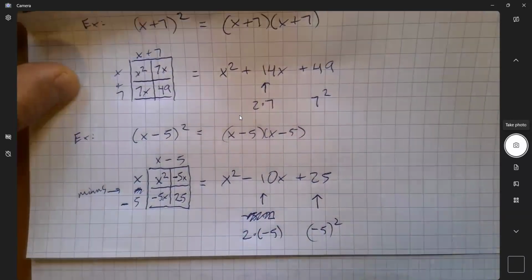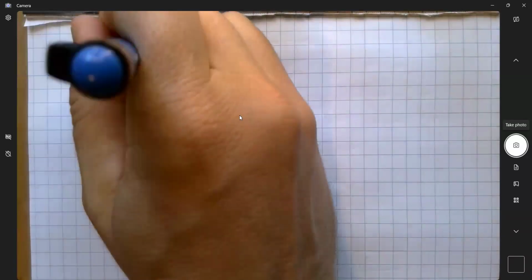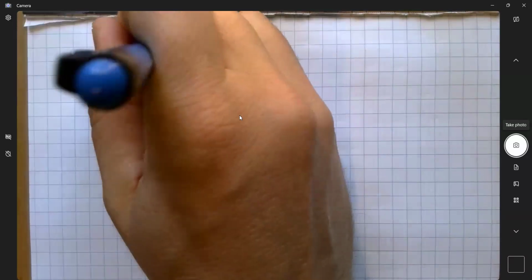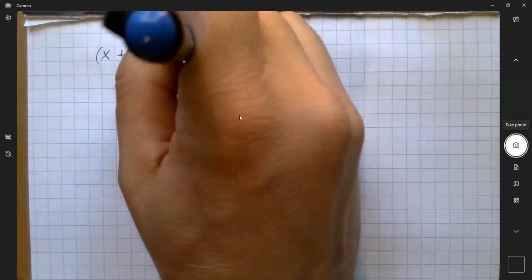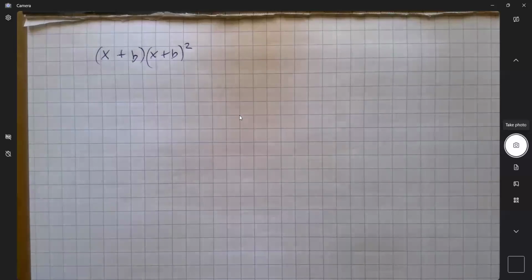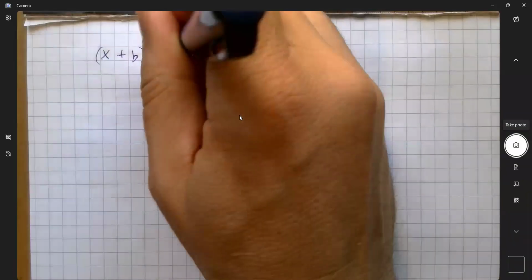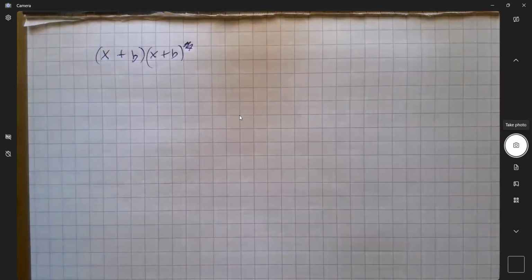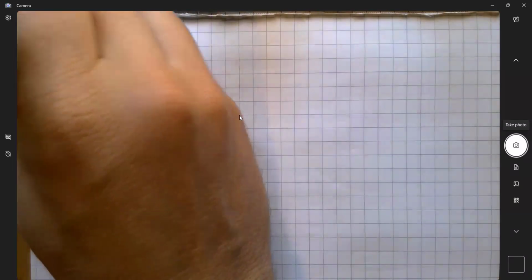And one more example of moving forward. This time I'm going to just give it a letter like x plus b, where b could be positive or negative. It could be a fraction, it could be a decimal. Oops, no squared there. X plus b times x plus b.